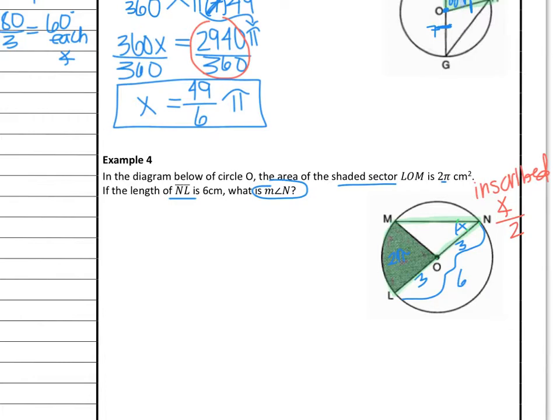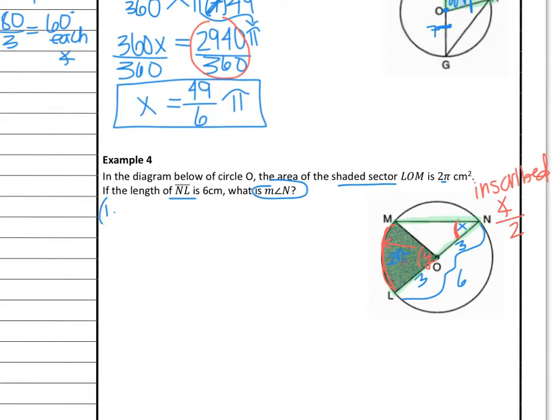So if we can find this angle here, and we're going to call that angle Y, then we can know that that is equal to this portion, which we would have to then divide by 2 to get the measure of this inscribed angle. Okay, so they give us the central angle to find, and then we have to use it to divide it by 2, cut it in half to find the inscribed angle N. So it's a two-part question.